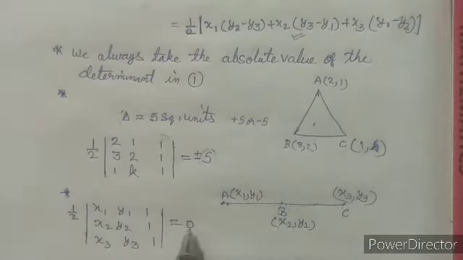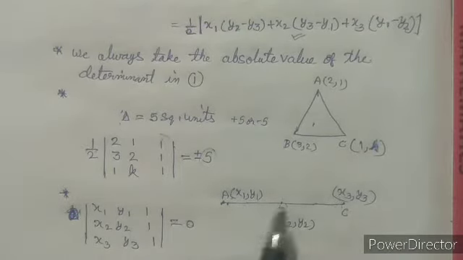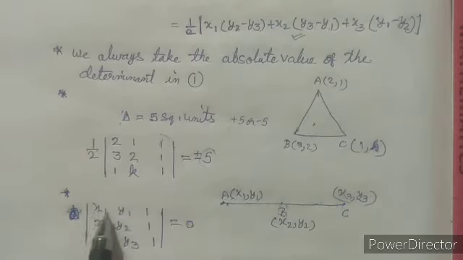This half will go to the right hand side and it will become 0. So we can simply write that if points A, B and C are collinear, then the determinant of x1 y1 1, x2 y2 1 and x3 y3 1 will be equal to 0.